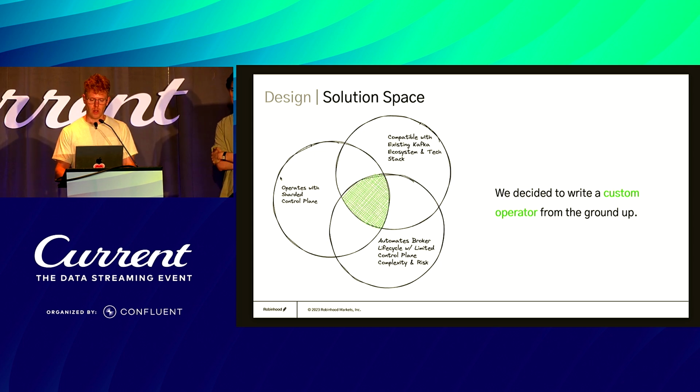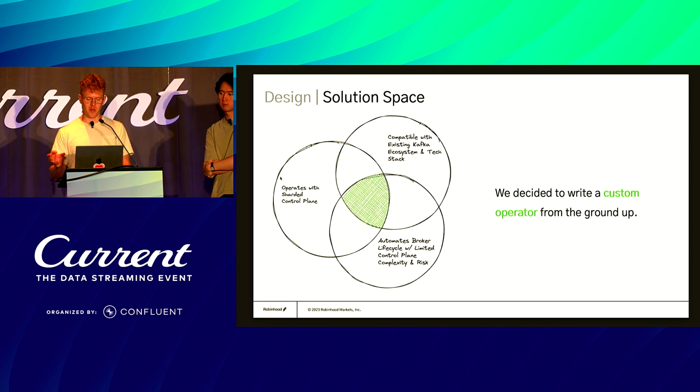And the last piece is making sure that the choices we make work with our ecosystem and tech stack. There are a lot of operators off the shelf that have opinionated choices on other technologies that we don't necessarily want to take on.